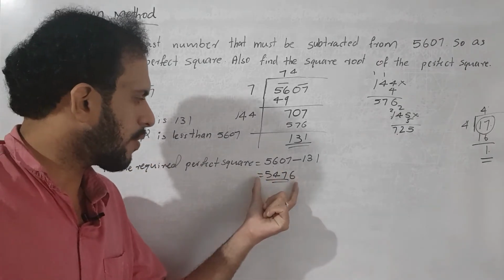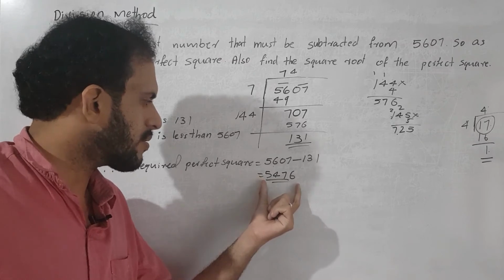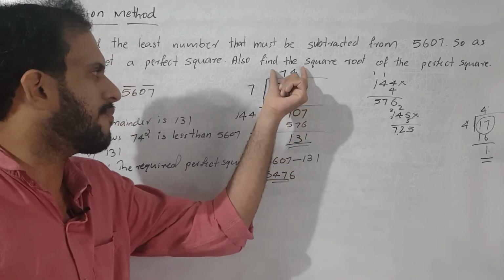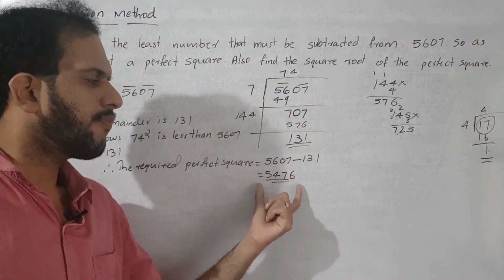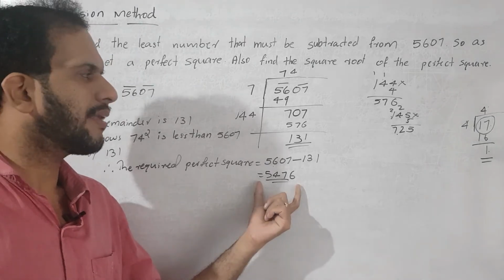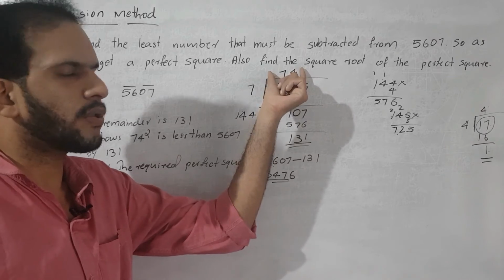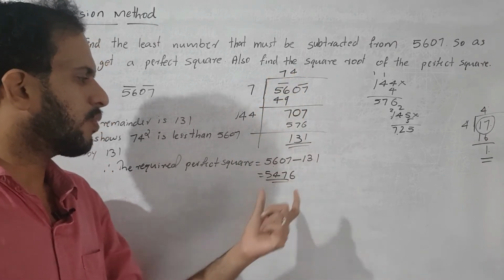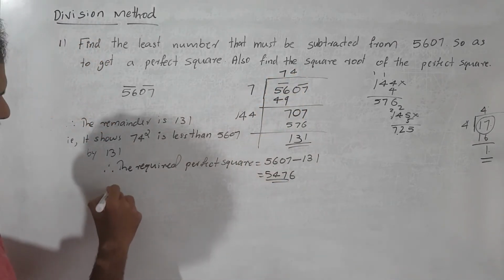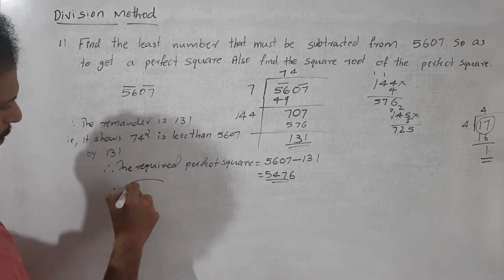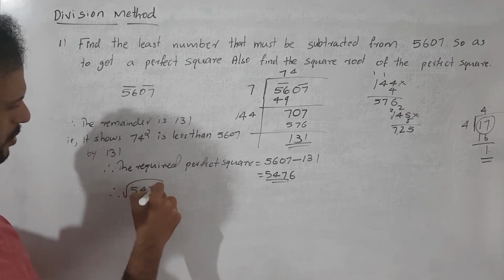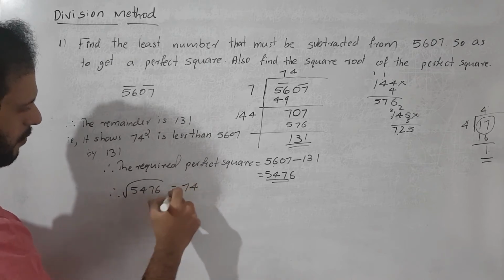Then what is the square root of 5476? 5476 is the square of 74. 5476 സ്ക്വയർ റൂട്ട് 5476 എന്ന് പറയുന്നത് ഏതിൻ്റെ സ്ക്വയർ ആണ്? 74ൻ്റെ സ്ക്വയർ ആണ്. സോ വാട്ട് ഈസ് ദ സ്ക്വയർ റൂട്ട് ഓഫ്, therefore the square root of 5476 is equal to 74.